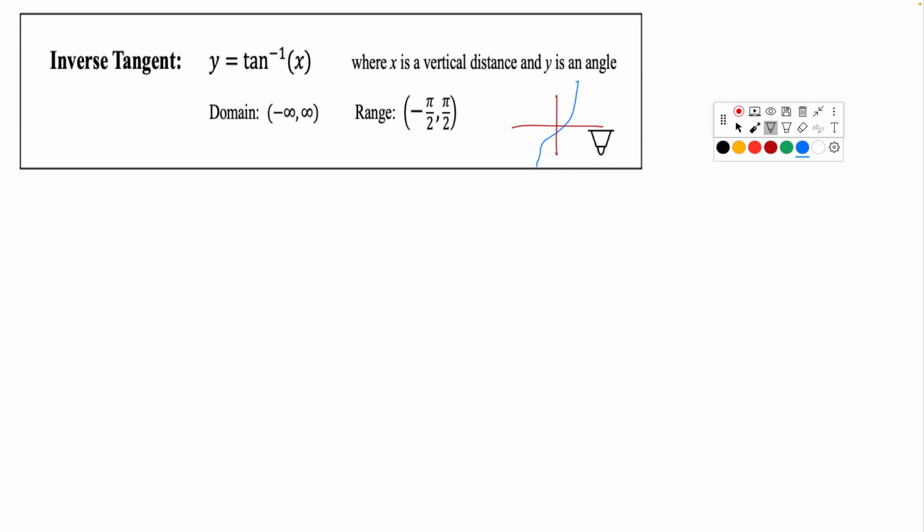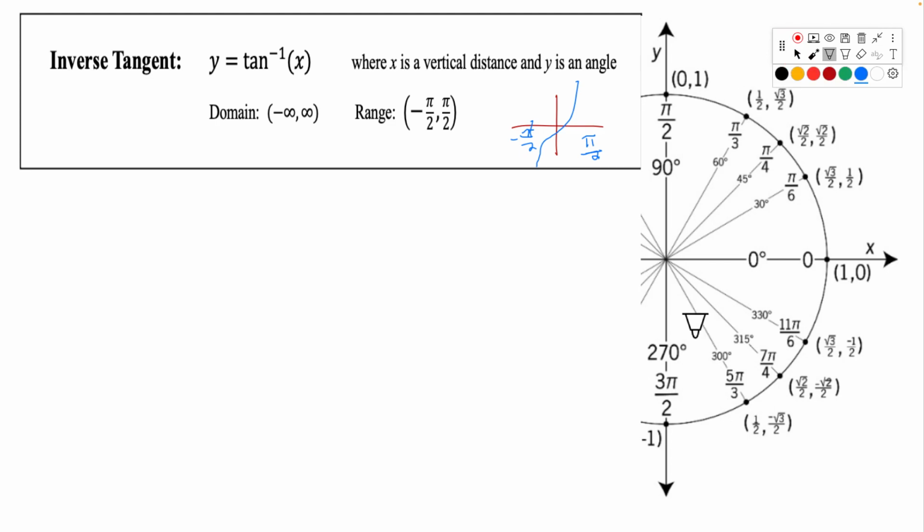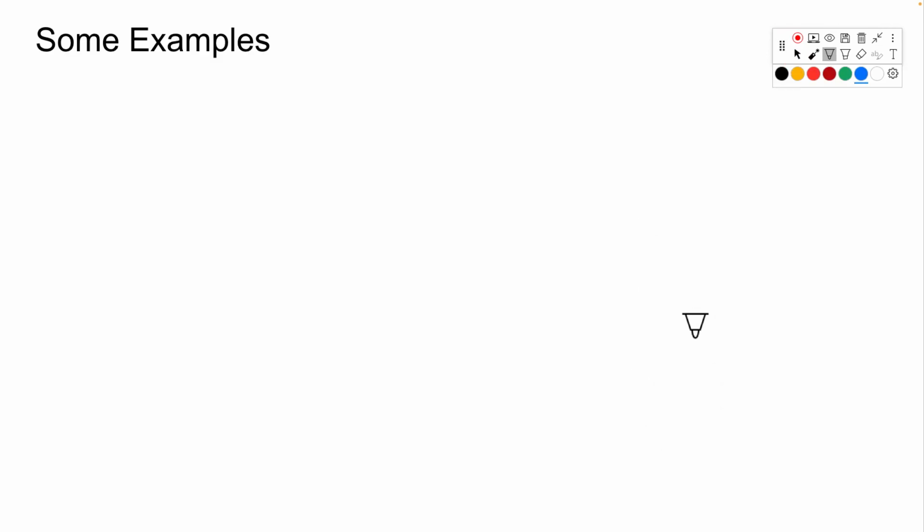And then it's a bunch of these, so this one's going to go from negative pi over 2 to pi over 2 as well. And so just like with sine, we use the same right half of the circle.